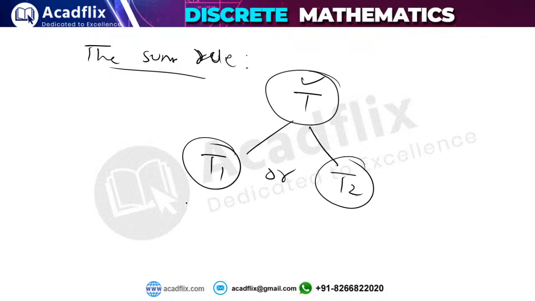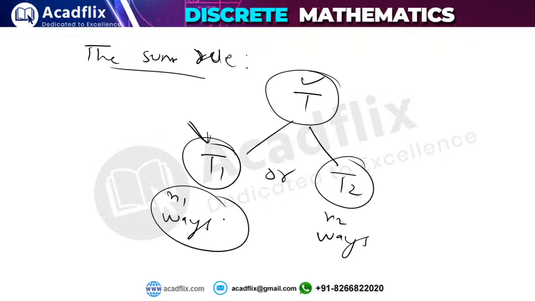Let's assume there are n1 ways to complete task T1 and n2 ways to complete task T2, and both are completely disjoint. These n1 ways are completely disjoint from n2 ways. Basically any way that we have here is not here.